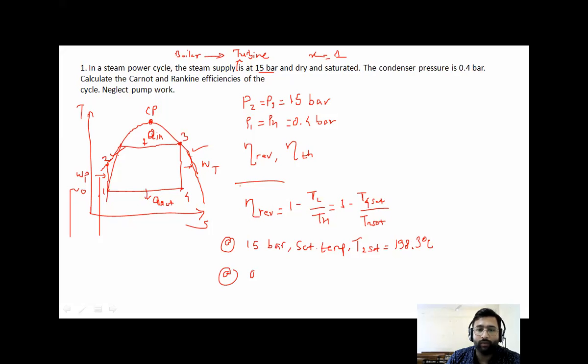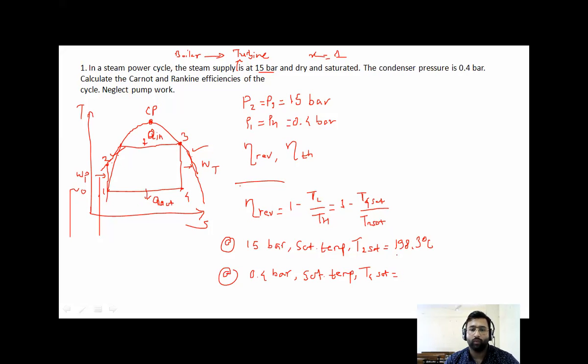So at 0.4 bar, what is the saturation temperature? This will be T4 saturation. So go to the pressure table again, go for 0.4 bar, and check the saturation temperature.